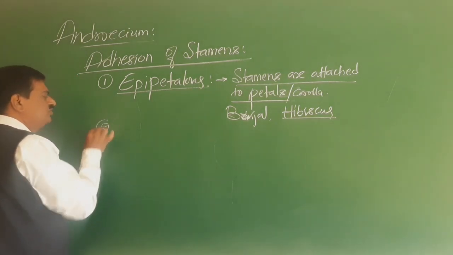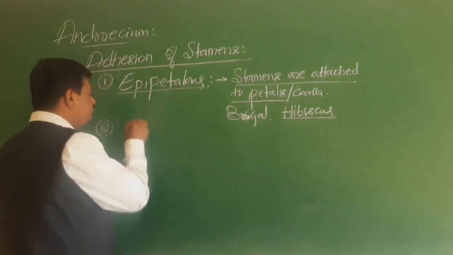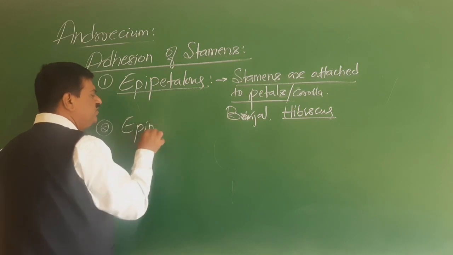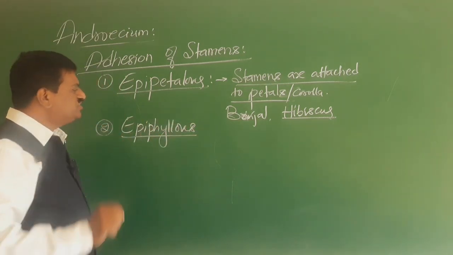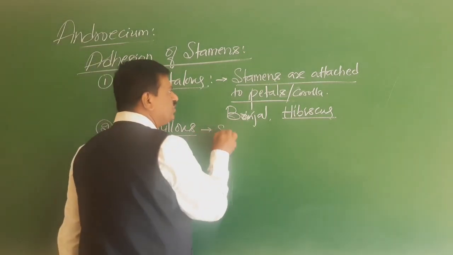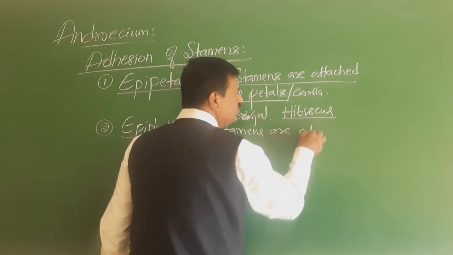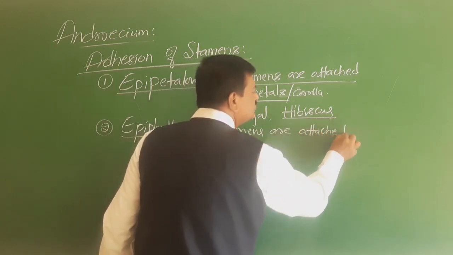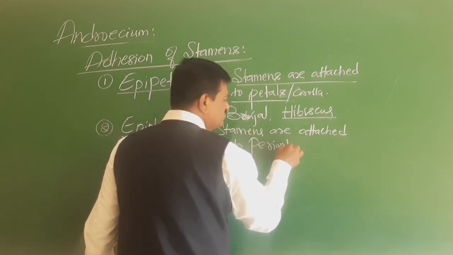So we go for the next one called epiphyllous. In this epiphyllous, the stamens are attached to the perianth.